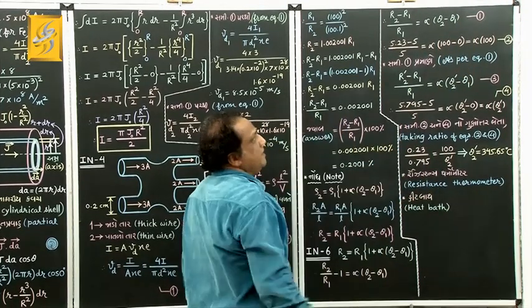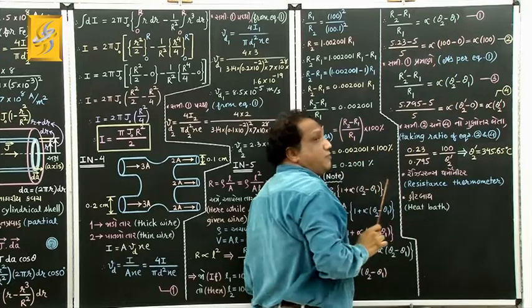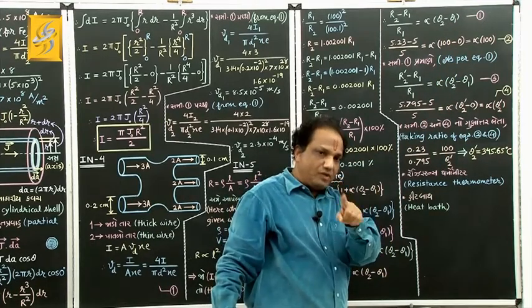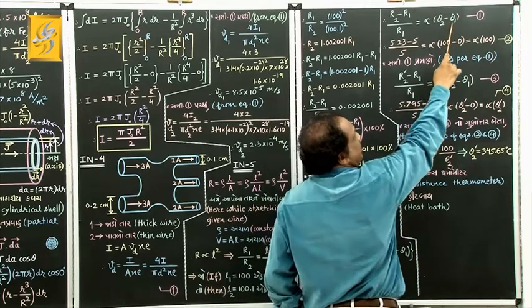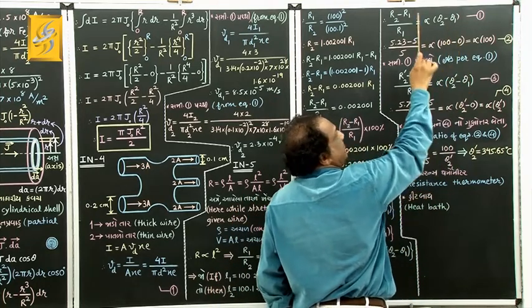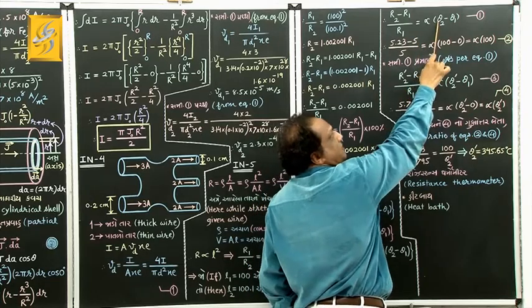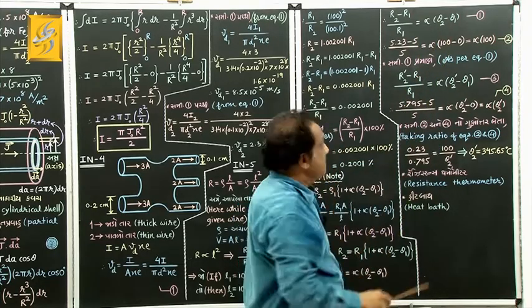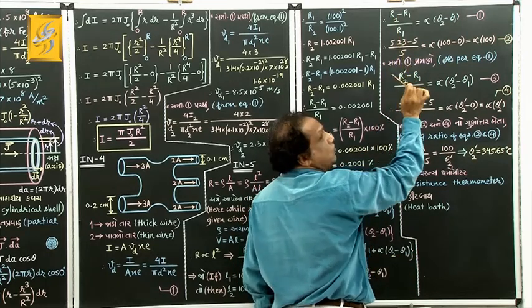Fine. Now, first temperature they have given is the melting point of ice. And you know, at 1 atmospheric pressure, the melting point of ice is 0 degree centigrade. So theta 1 I am taking 0 degree centigrade. At that time they have given resistance 5 ohm. Another temperature they have given is 100 degree centigrade, and at that time the resistance is 5.23 ohm.